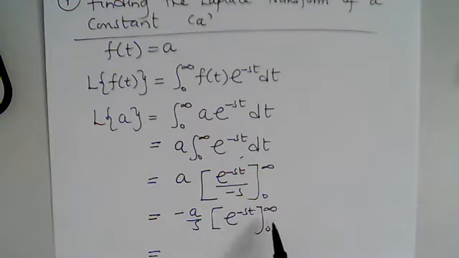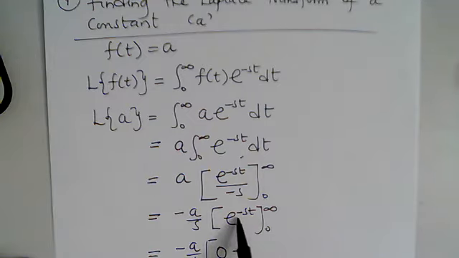Okay, so the first thing I do is I'll put in my infinity. When you put in infinity in place of t, you're going to have e to the power minus infinity. And e to the power minus infinity is what? The limit as this approaches infinity is 0. Minus, the next step is we put in our 0.